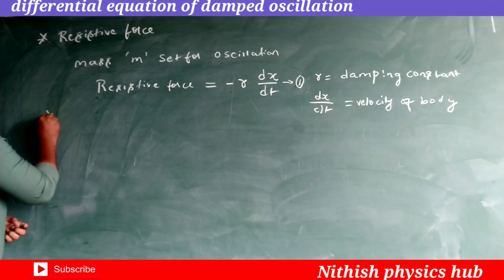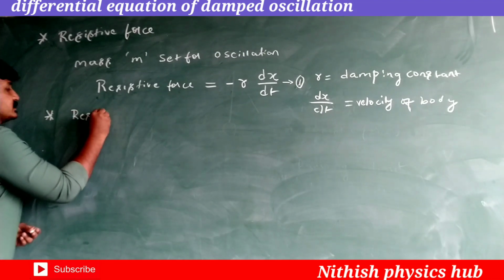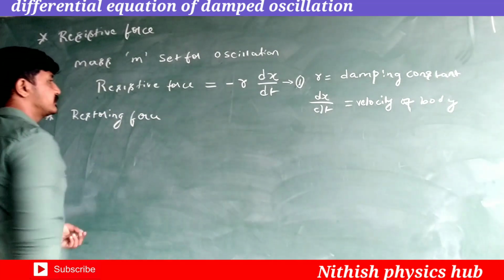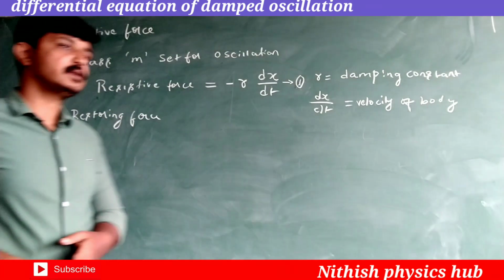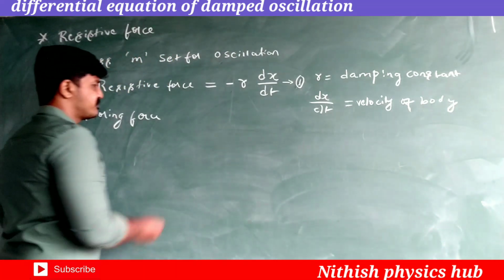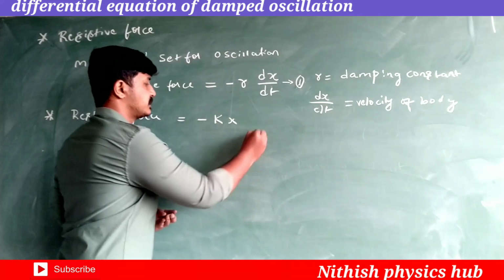Now the second component is the restoring force. This is the force which has been studied also in free oscillation. It is similar, nothing but equal to negative of k into x.